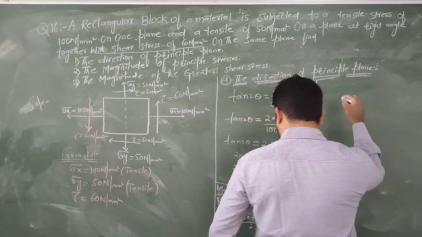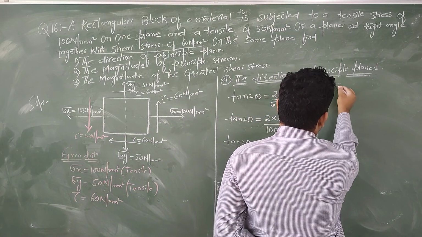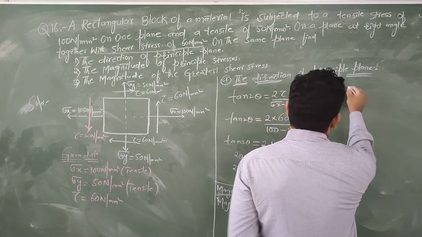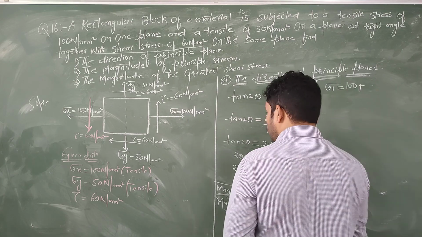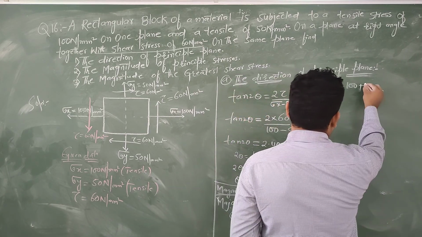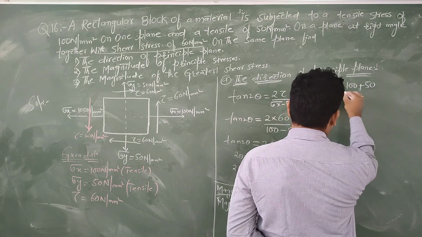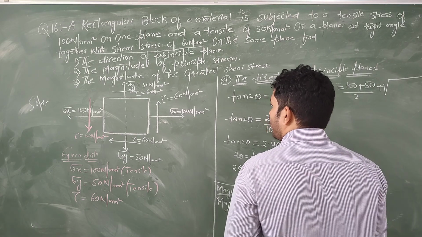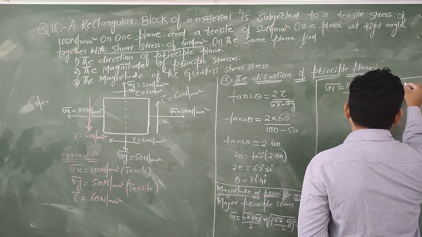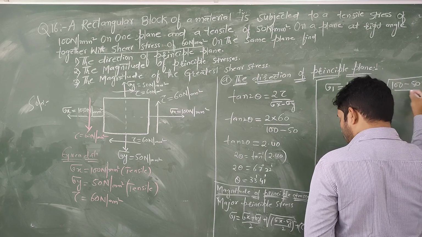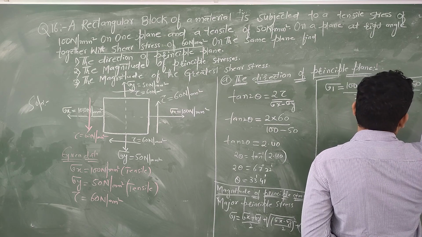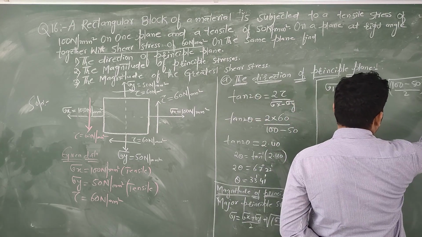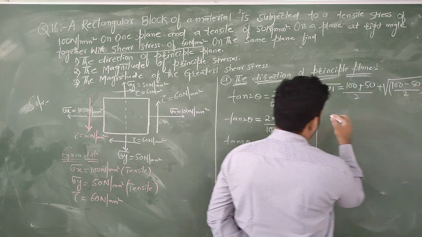Sigma 1 is the maximum principal stress. Sigma x value is 100 Newton per mm square and sigma y value is 50, by 2, plus the square root of ((100 minus 50) by 2) whole square plus tau xy, which is 60, whole square.